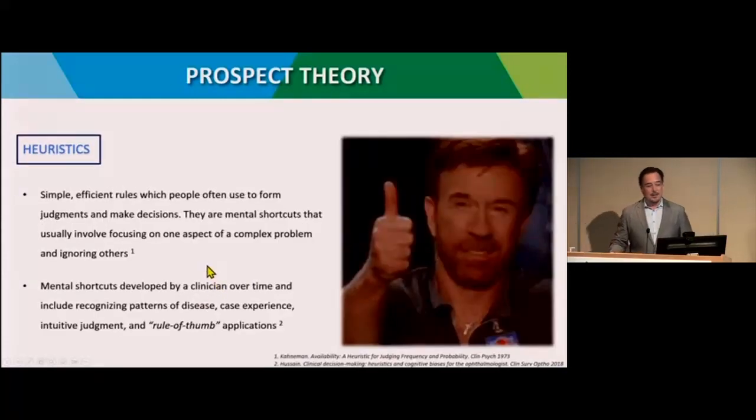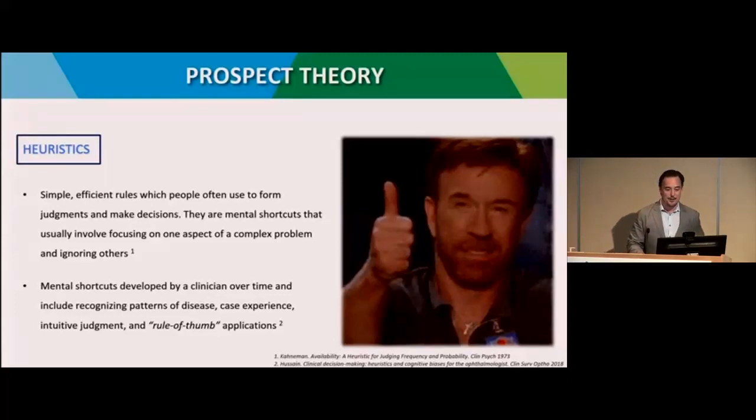Another way of putting it is it's a simple and efficient rule. It's mental shortcuts, these rules of thumb that we all come up with that are based on our past experience, our intuitive judgment, what we've recently seen. When we follow these, we make rules of thumb that allow us to take shortcuts to be more efficient with how we make choices.